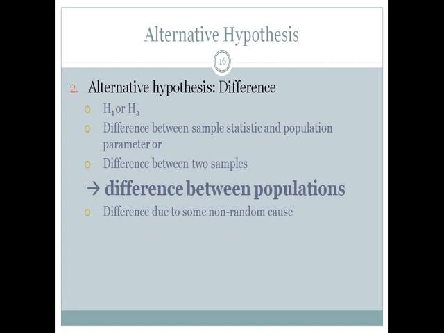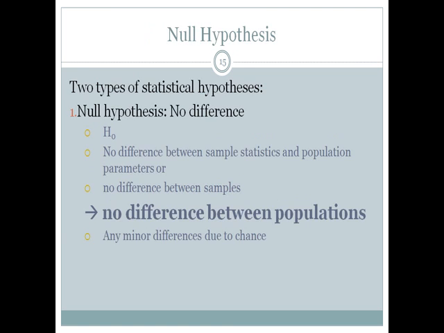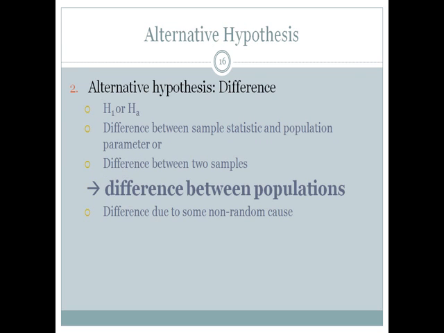So the big difference between the null hypothesis and the alternative hypothesis is that the null hypothesis says that there is no difference, or if there are small differences, they are caused by chance. The alternative hypothesis is the assertion that there is a real difference and that it is not due to chance. It is not due to sampling error.